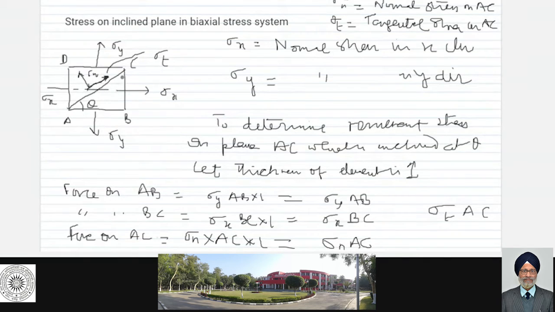If I take a point on plane AC, the forces acting on a point on AC.